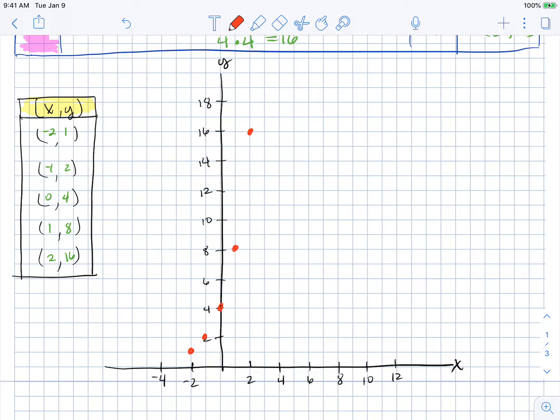What I want to do is draw a smooth line through them so that I can draw my function. I'm going to draw this line as smoothly as I can to connect my dots. I don't want it rigid. And I can draw in my exponential function, just like that.